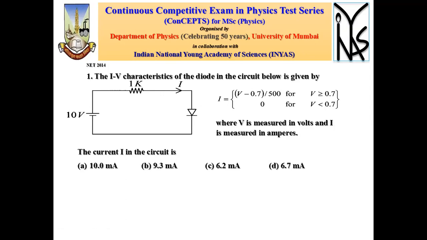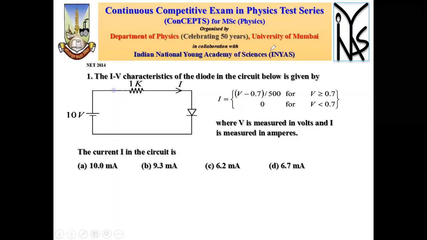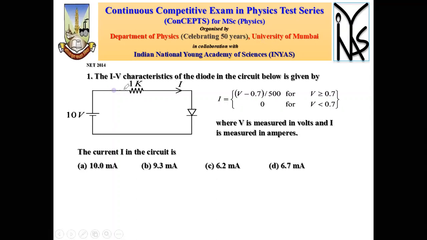So now we have to use Kirchhoff's voltage law. So this is one junction and this is one junction. This is a closed network.